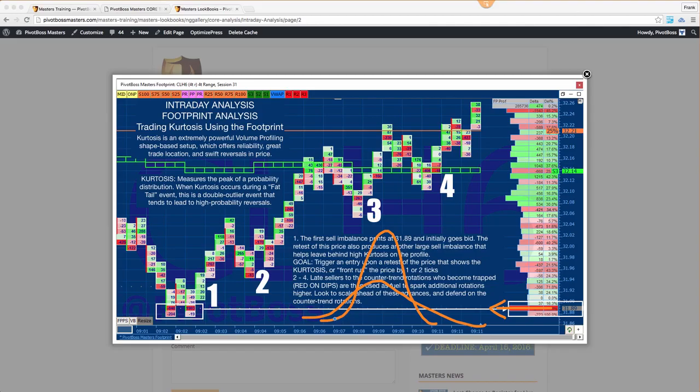Then you have your basic bell-shaped curve, which is somewhere in between. So this shows price came down, double tapped the bottom, formed a huge kurtosis, and immediately upon forming the double bottom, pops to a new high beyond this high right there. That's important.